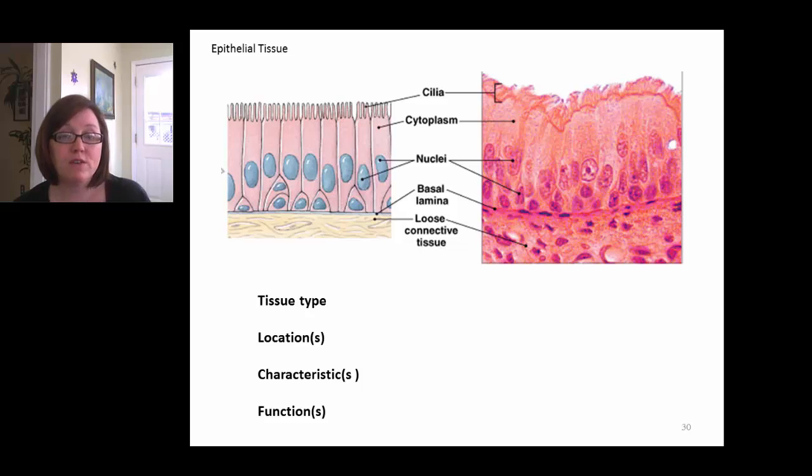For example, you're going to find pseudostratified ciliated epithelial tissue lining your trachea. What's going to happen is you're going to breathe in air and it's going to be full of debris and bacteria and stuff. And the cilia is going to pass a ball of mucus and dust and bacteria.